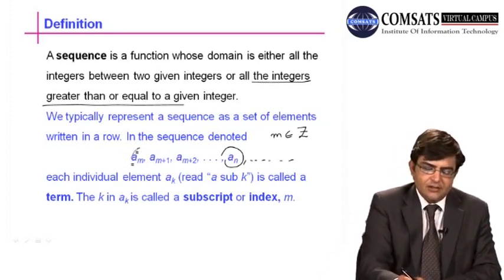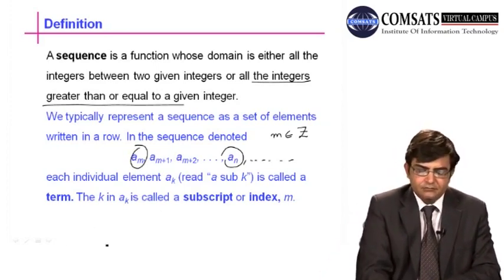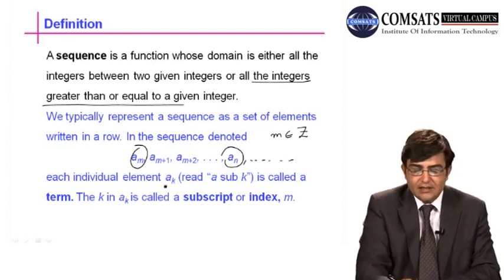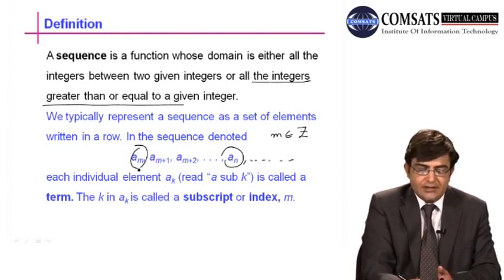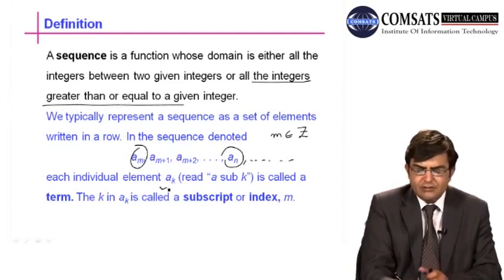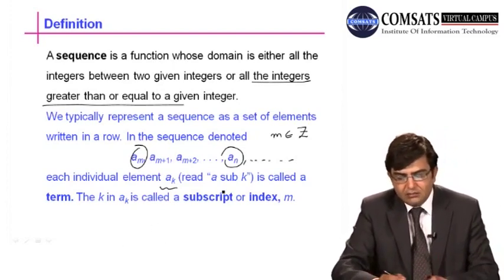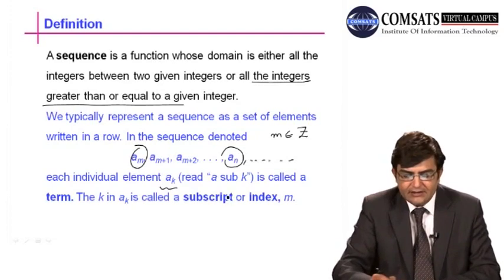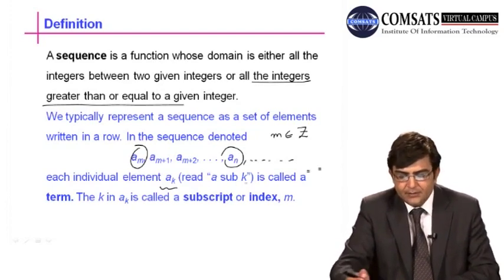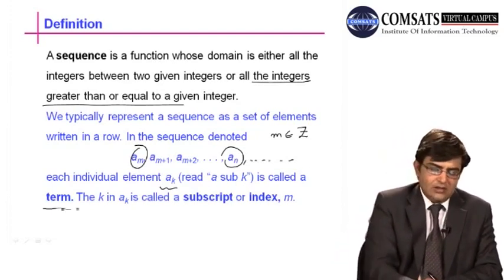Each individual term in the sequence is called the element of a sequence or term of a sequence, and is usually denoted by A_k or A_n or A_i. There are different notations, and this is read as A sub k and is called a term.